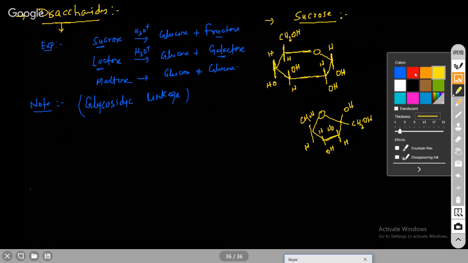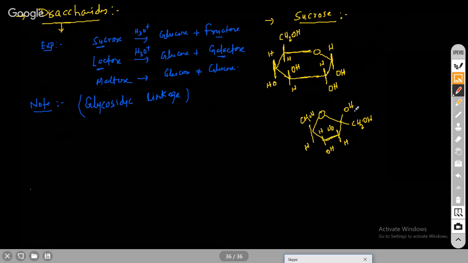Now when condensation takes place, what happens? This OH and H combine together and an H2O molecule goes out, minus H2O.